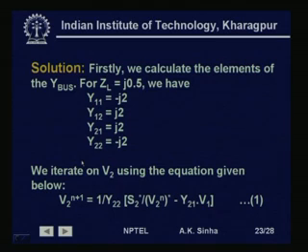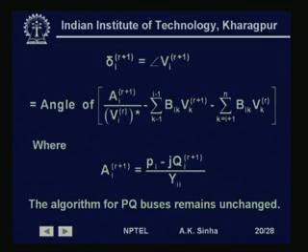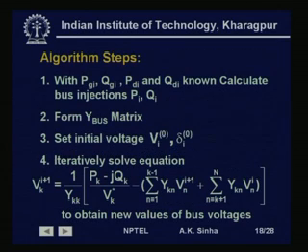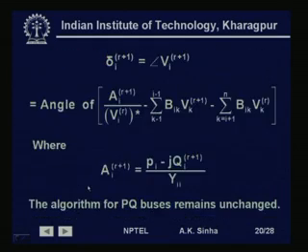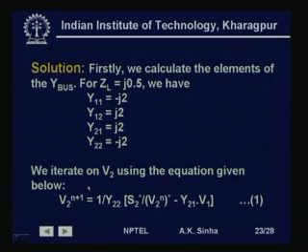Now, if we go back to the equation that we had set up for the Gauss-Seidel method and substitute the values here, we have V2, this is the unknown, voltage V1 is known.